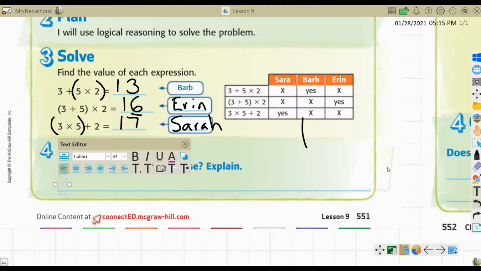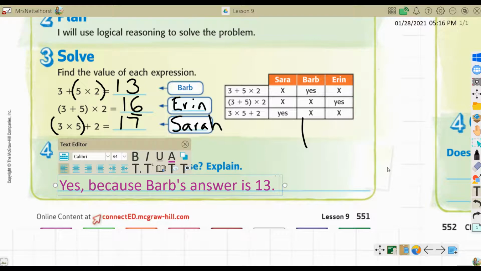So yes, because when it says explain, remember you need comma because Barb's answer is 13. Aaron has to be 16. Let me make this smaller.